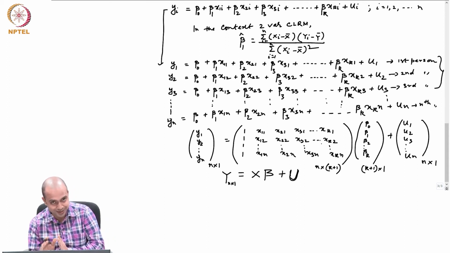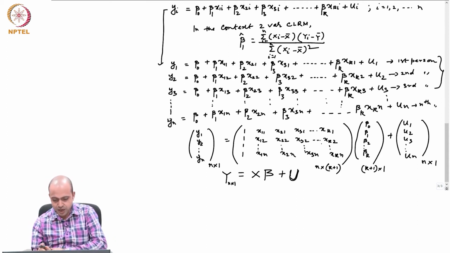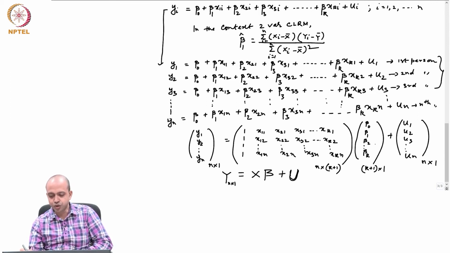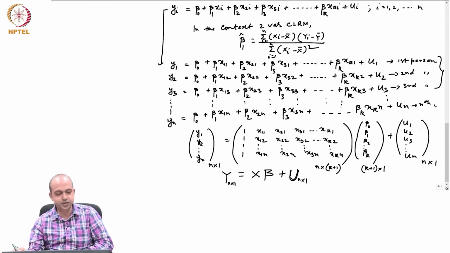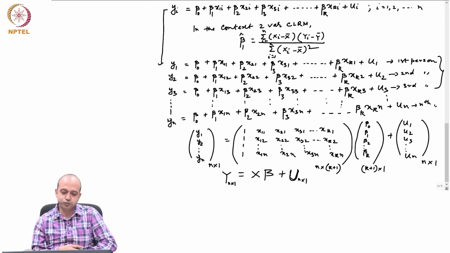You need to clearly understand the structure of this matrix. So, this x is basically n cross k plus 1, and this beta is k plus 1 by 1, that means all of beta 0, beta 1, beta 2 are denoted by this matrix beta, and this u again is n cross 1. So, I have written this equation as y equals x beta plus u.